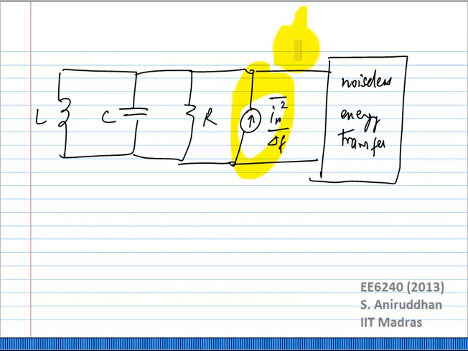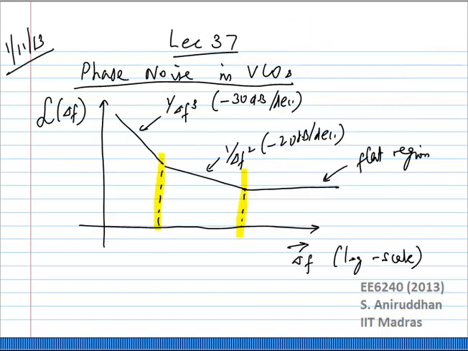That seems like the best way to analyze this in an LTI way, and that also happens to be very straightforward. The only difference is, if you want to represent it in this form, where phase noise is a function of frequency offset, then you don't just have to get the frequency response of the tank as a function of frequency. You want to get it as a function of the offset frequency delta F.